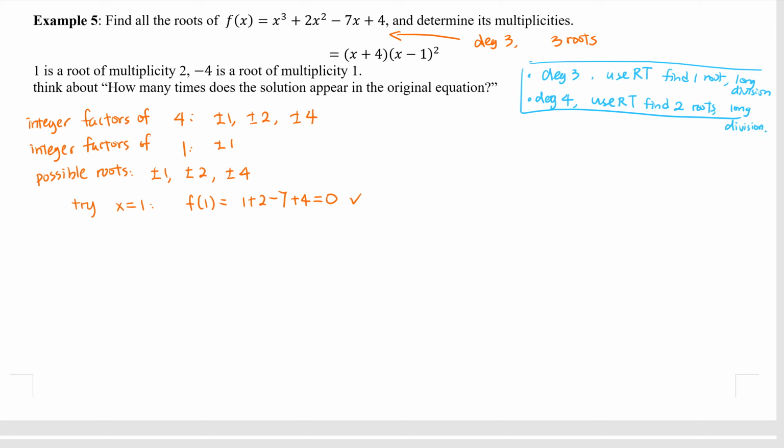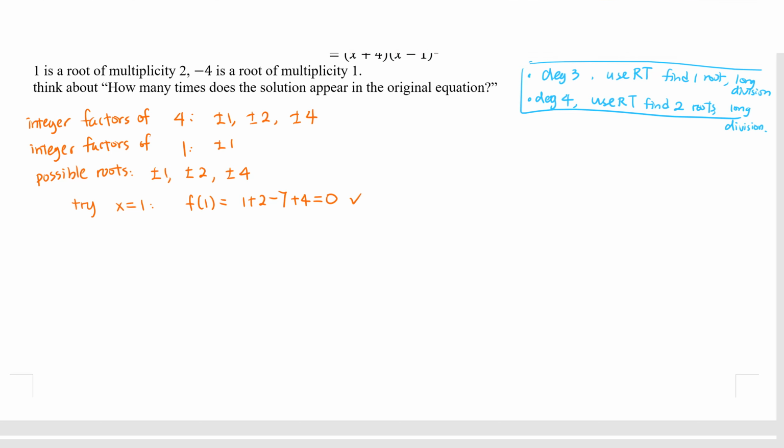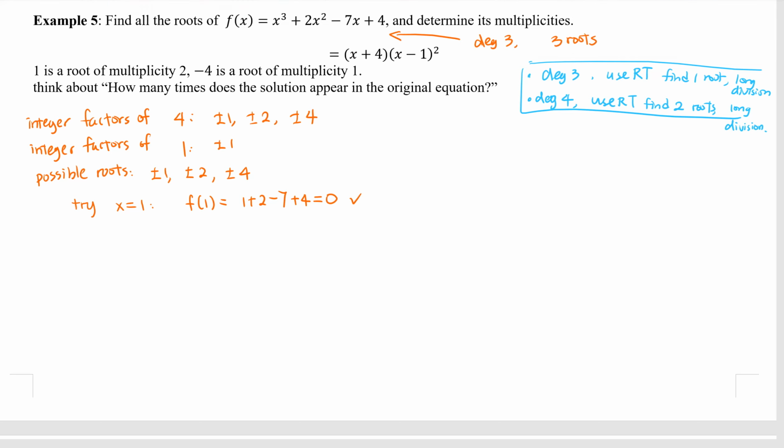So far so good. Here we're so lucky, we just plug in the first number and find a root. In general, you might need to try more numbers on the list until you find a root. Because this is a root, it means x minus 1 is a factor of f of x.